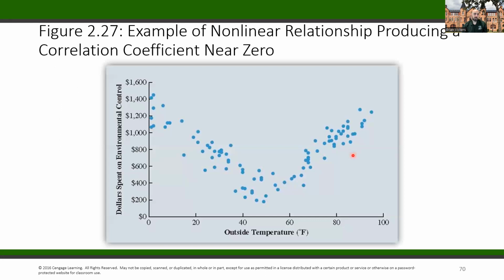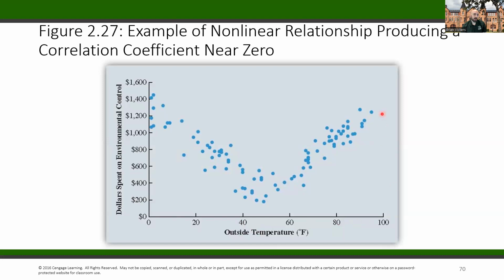And then the final example is where there's a non-linear relationship with a near 0 correlation coefficient. This is an interesting example: how much do you spend on environmental control? Well, if the temperature is very cold, you spend a lot because you're spending it on gas.